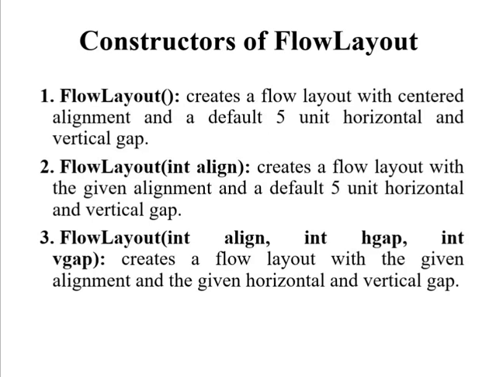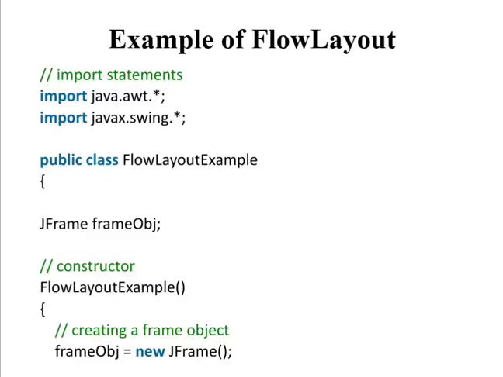Creating the buttons, that is JButton b1 is equal to new JButton(1), JButton b2 is new JButton(2), b3 is new JButton(3), b4 is new JButton(4), b5 is new JButton(5), b6 is new JButton(6), b7 is new JButton(7), b8 is new JButton(8), b9 is new JButton(9), JButton b10 is equal to new JButton(10).